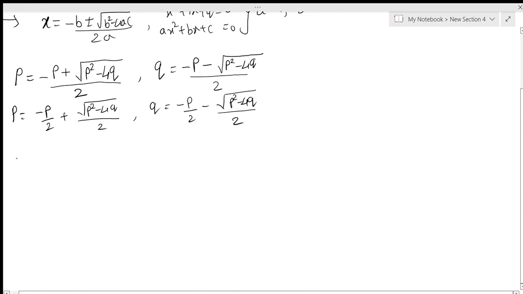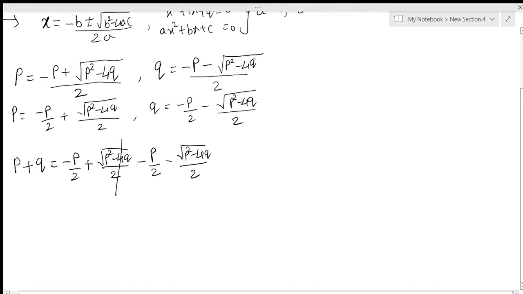So by adding the equations of p and q, what I get is p plus q is equal to minus p by 2 plus under root p square minus 4q upon 2, minus p by 2 minus under root p square minus 4q upon 2. See, the under root p square minus 4q upon 2 appears with a positive as well as a negative sign, so both will cancel out.